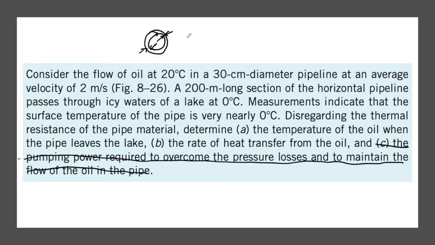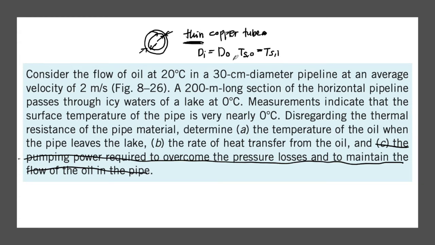If the question mentions a thin copper tube or any other materials, with this word thin, we can assume that the in is equivalent to the out. Therefore, T surface out can be assumed equal to T surface inlet.